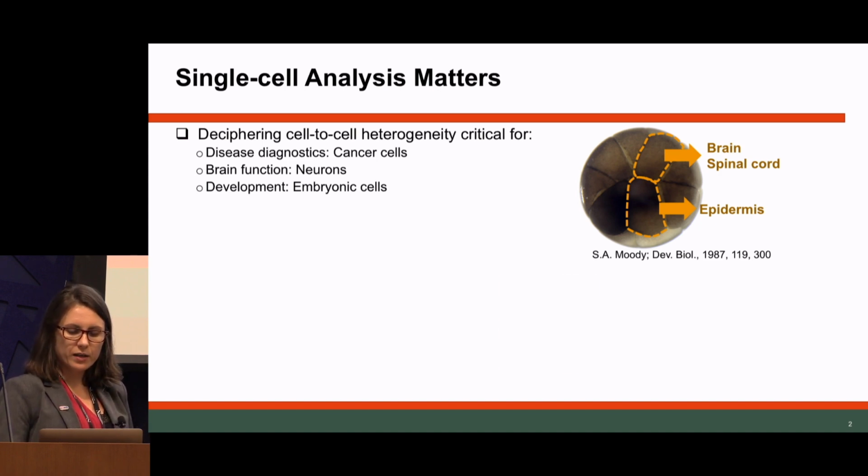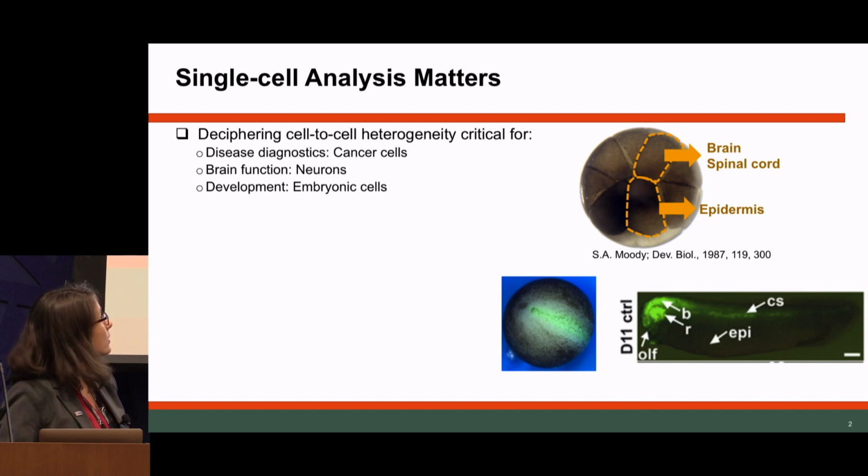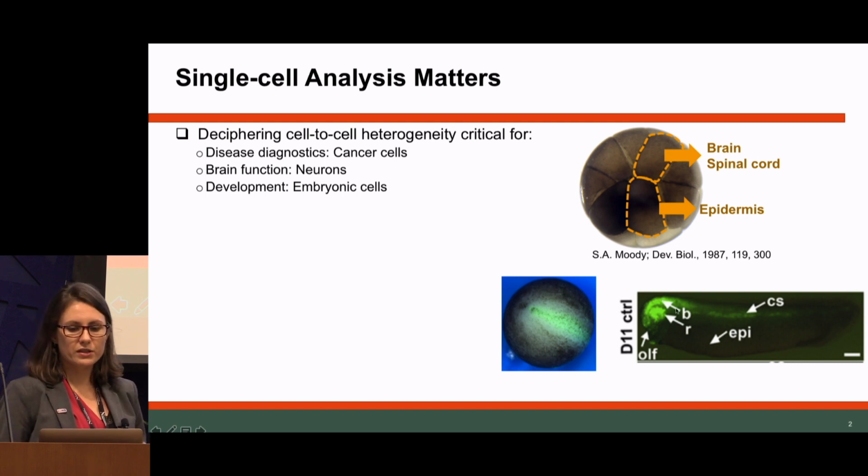If I label, for example, that cell right here, that will give rise to the brain later on in development, you can see that it gives rise to a very tight cluster of what we call cell clones. This is at the stage 13 embryo, and here this is at the larval stage. You can see how it gives rise to neural tissue types, the retina, the brain, and the spinal cord.